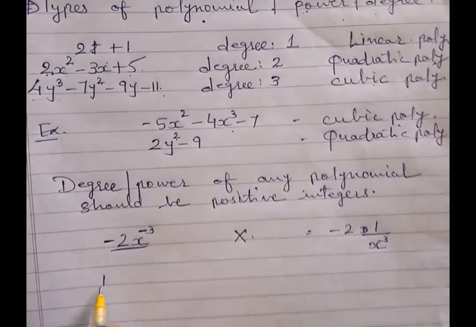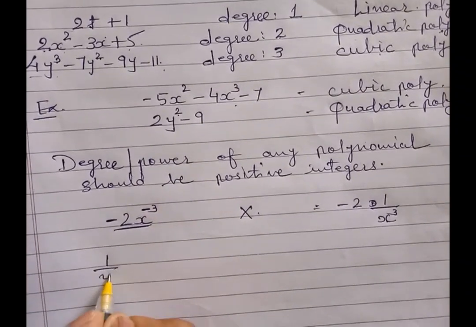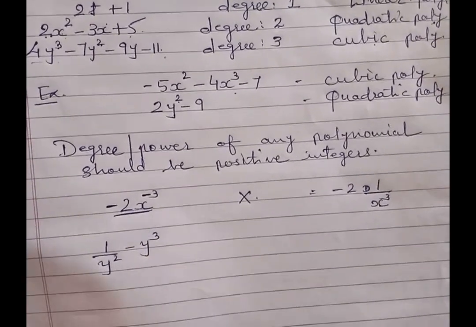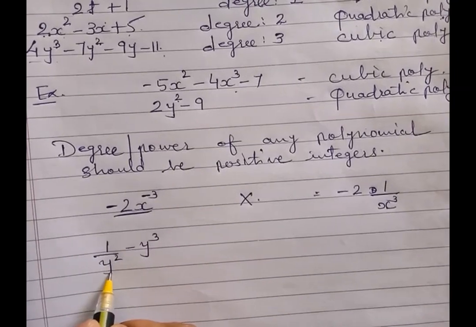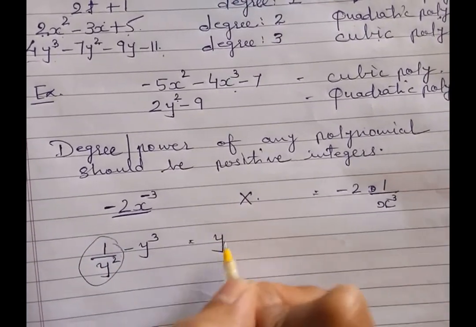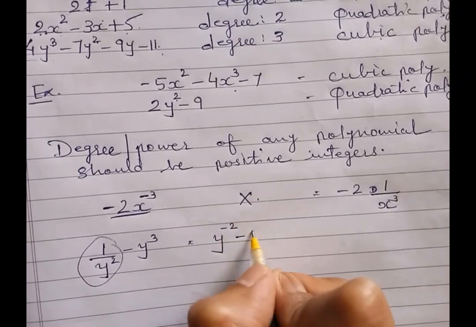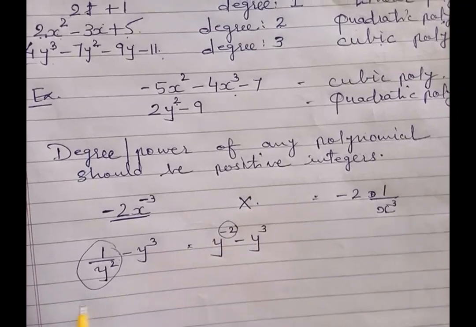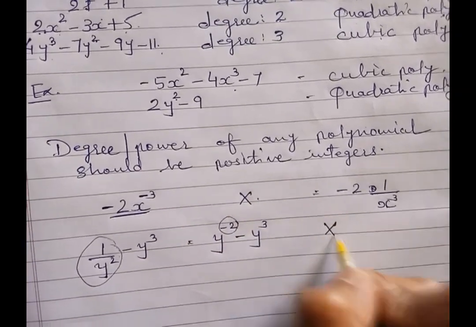Right? Another, if I say 1 upon y square minus y cube, here also this comes in the denominator. That means for this I can write y raised to minus 2 minus y raised to 3. Now see, this is a negative number. That is, it is not a polynomial.